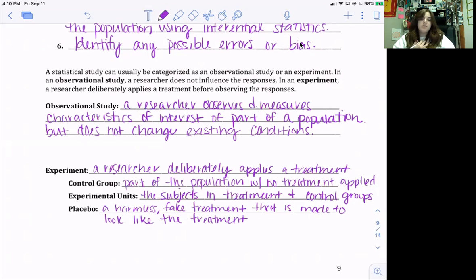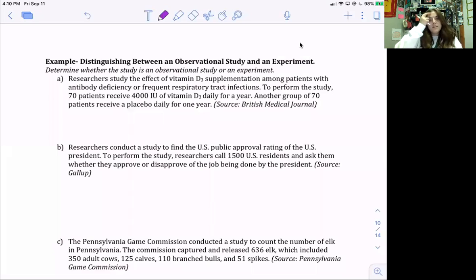Usually a placebo is like a sugar pill, so it shouldn't change anything or alter the results. So if we want to distinguish between an observational study and an experiment, I want you to try these 3 examples, and then we'll talk about them in class on Monday.